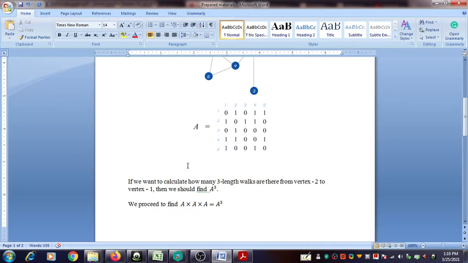To find the answer, you use the matrix A cube, that is A into A into A. You take A three times and multiply one by one to obtain A cube. After obtaining this square matrix, you can use its entries to find the answer.